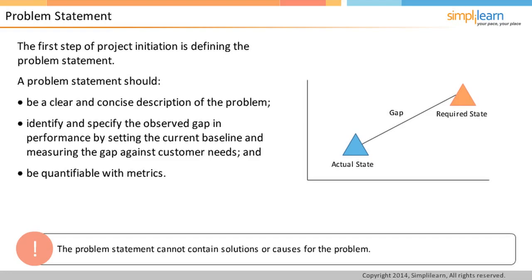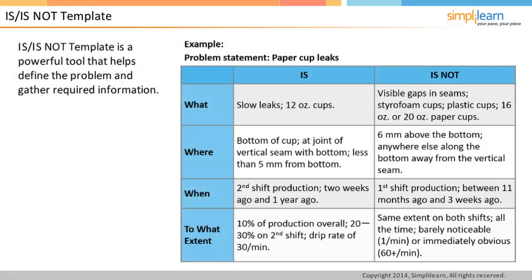The is or is not technique was first popularized by Kepner-Trigot Incorporated in the 1970s. It is a powerful tool that helps define the problem and gather required information. An example of a problem statement of paper cup leaks is given on the screen. The Six Sigma team has to answer what is the problem, what isn't the problem, where is it, where isn't it, when isn't it a problem, to what extent is it a problem, and to what extent isn't it a problem.